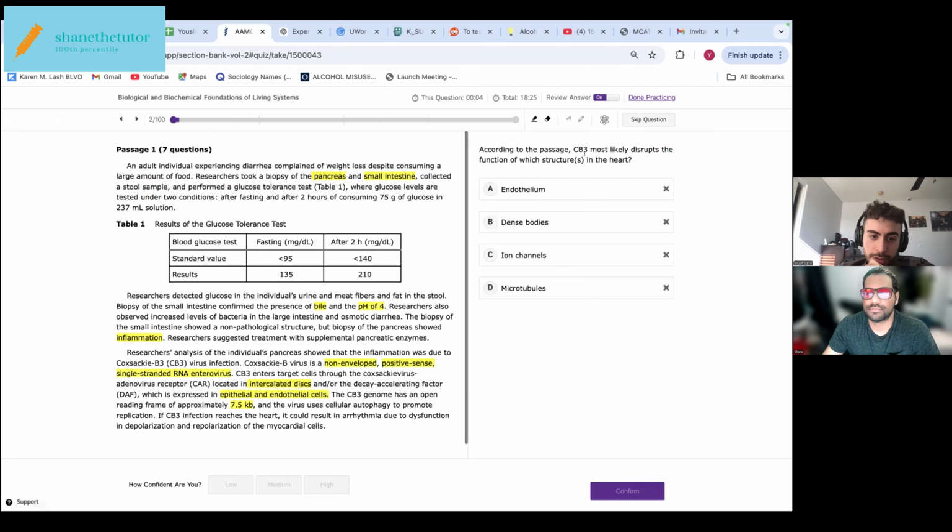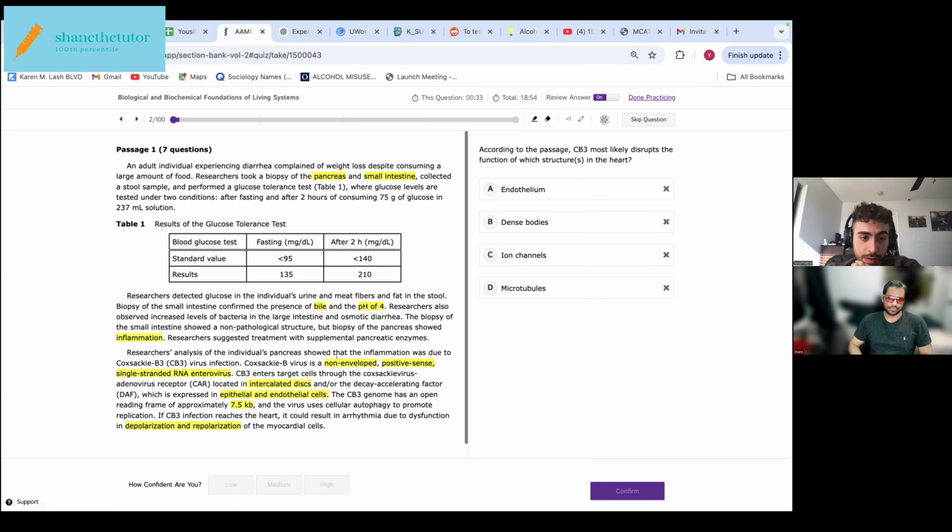According to the passage, CB3 most likely disrupts the function of which structure in the heart? Okay. If we go back, it says if CB3 infection reaches the heart, it could result in arrhythmia due to dysfunction in depolarization and repolarization of the myocardial cells.